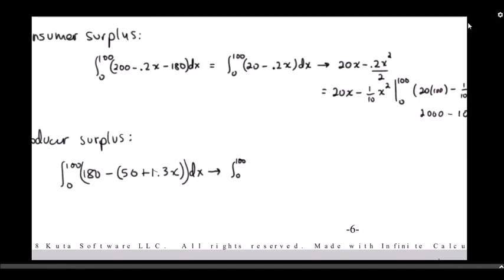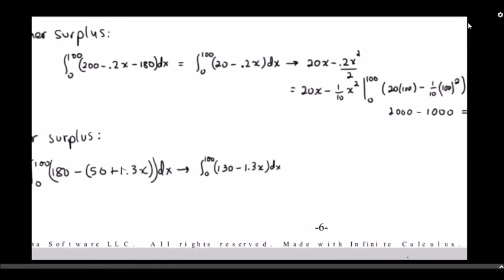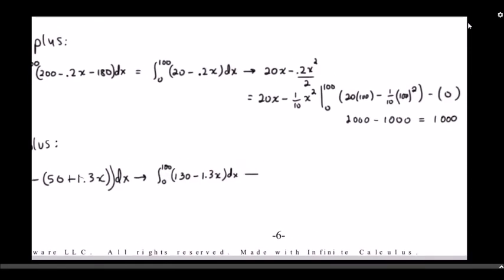We have 180 minus 50, which is 130, minus 1.3x. So then the antiderivative turns out to be 130x minus 1.3x squared over 2.